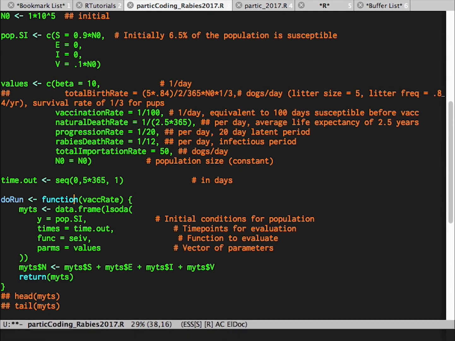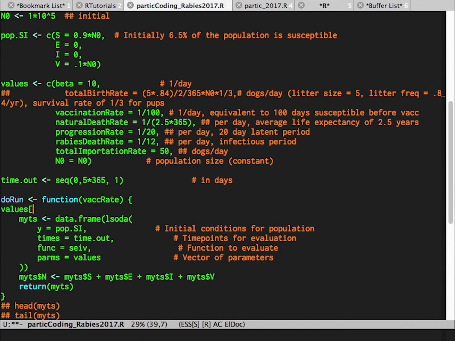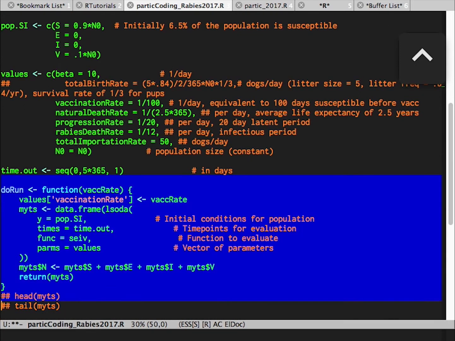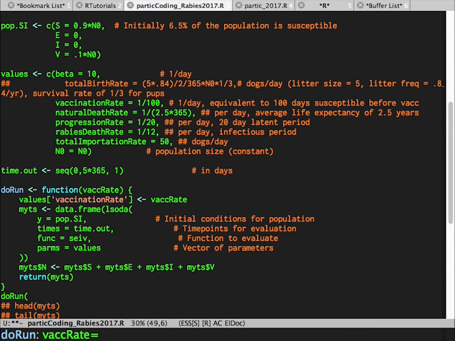What I want it to do is to take values and assign the vaccination rate in that to be vax rate. So I can now run this one line of code that is going to vary the vax rate.